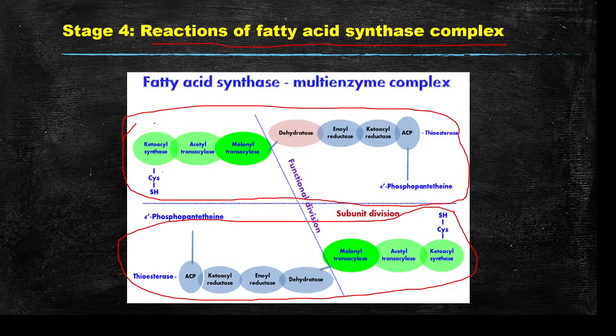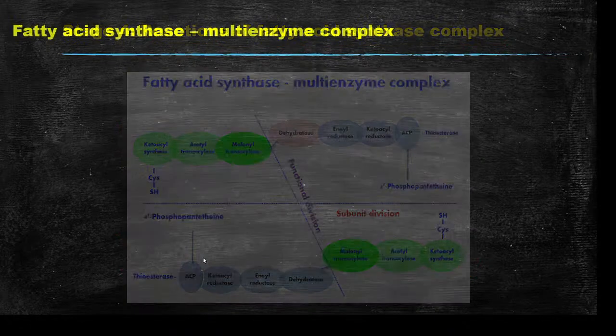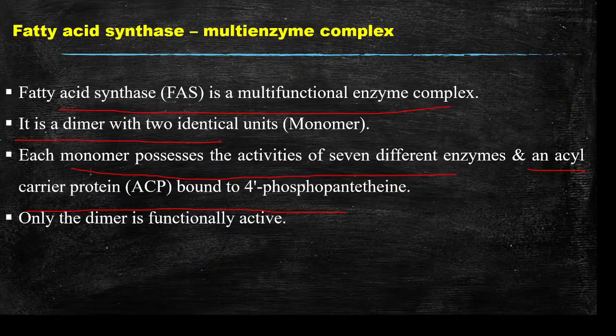Here you have 7 different enzymes: ketoacyl synthase, acyl transacylase, malonyl transacylase, dehydratase, enoyl reductase, ketoacyl reductase, and thioesterase. The acyl carrier protein is attached to 4-phosphopantetheine.